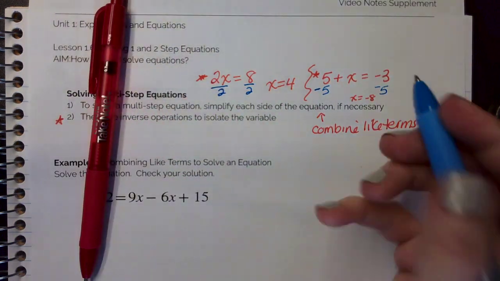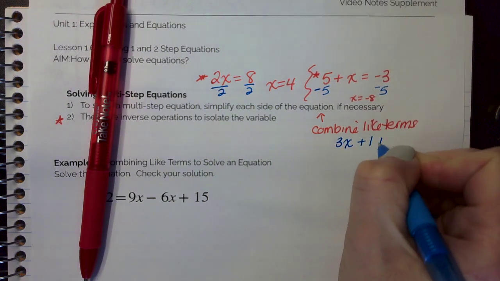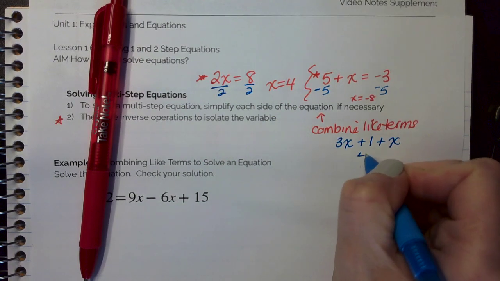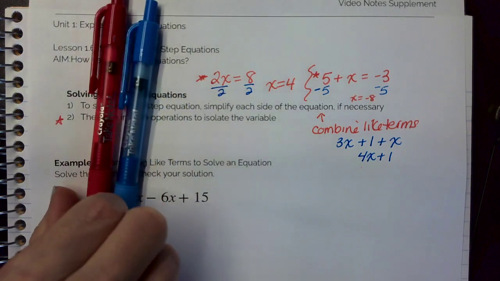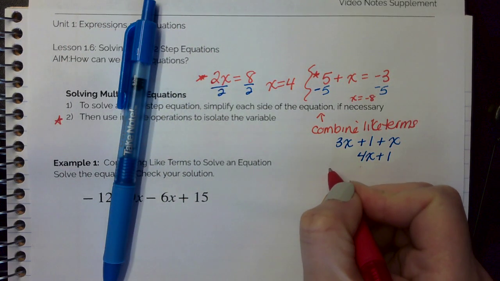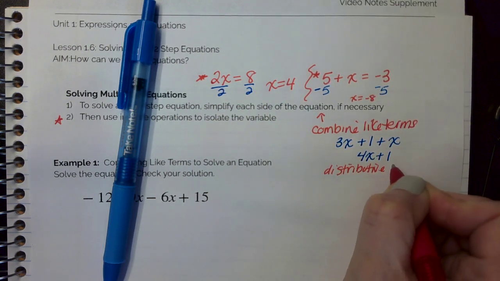An example of like terms would be if one side of the equation had, say, like 3x plus 1 plus x, we would simplify that side to be 4x plus 1. So combining like terms or simplifying by doing, say, like the distributive property is going to come up. Distributive property.